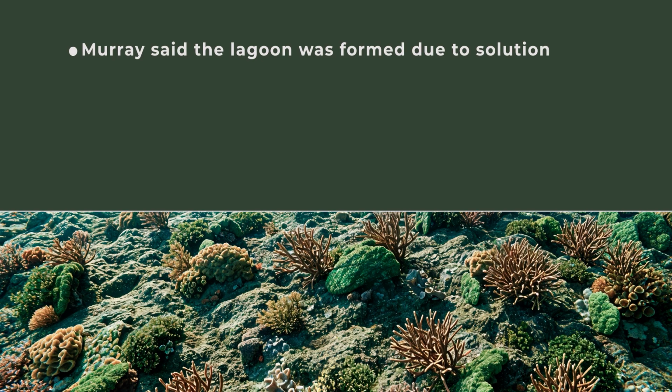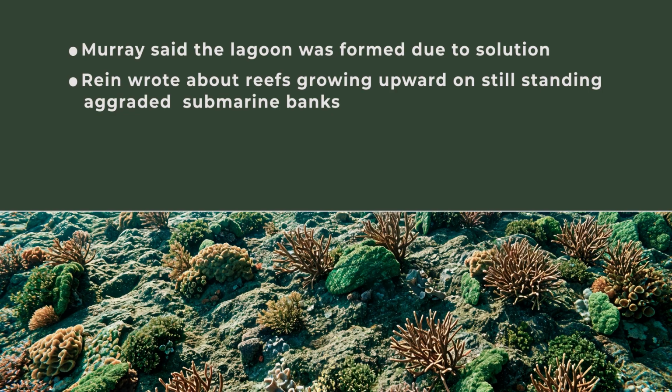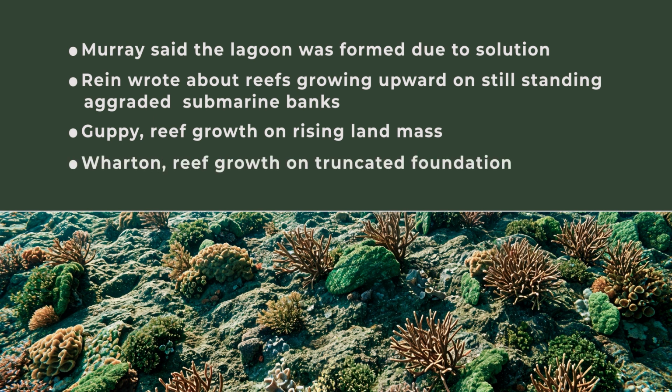He said the lagoon was formed due to solution, not because of laying down of sediments. Rein wrote about reefs growing upward on still-standing aggraded submarine banks. Guppy said that reef growth was on a rising landmass rather than on a sinking landmass. Wharton felt that reef growth was on a truncated foundation, a foundation which was sliced off from the top.